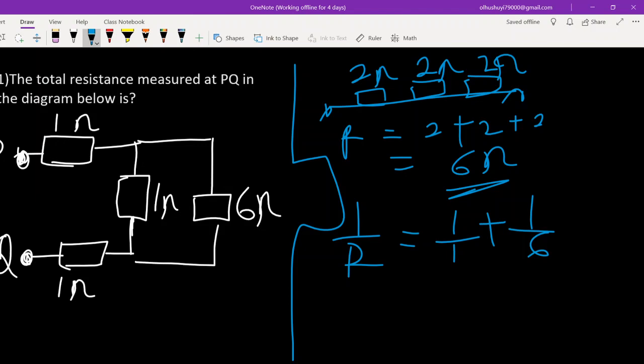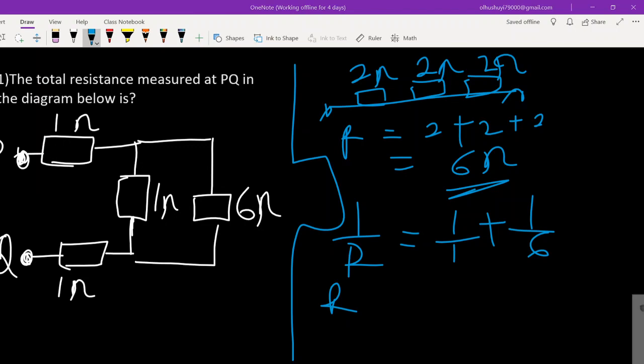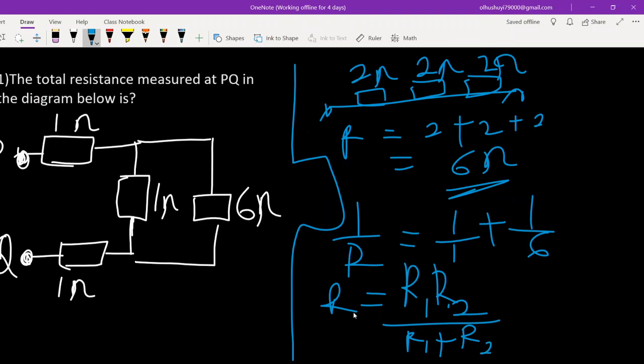Another formula, a shorter method for that, since there are 2 resistors in parallel arrangement, is to make R the subject of the formula: R is equal to R1 times R2 upon R1 plus R2. That means 1 times 6 upon 1 plus 6.